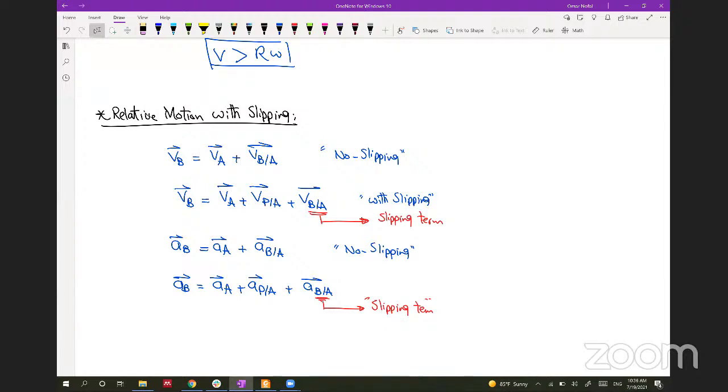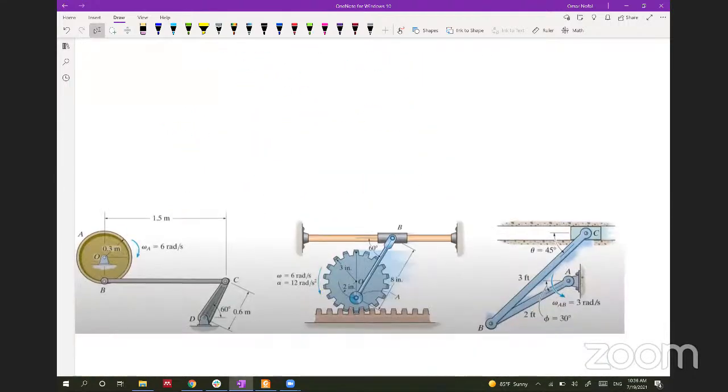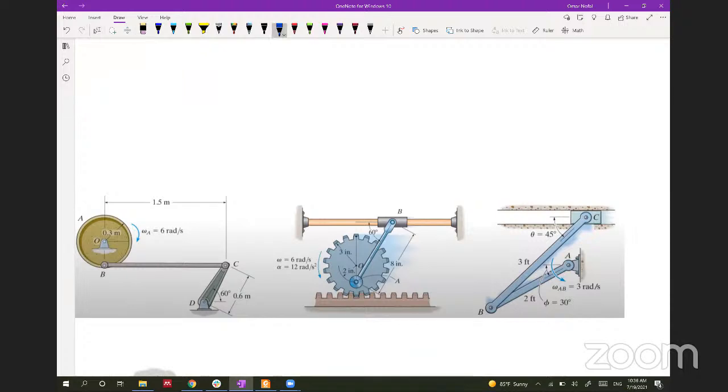Okay, let's understand this concept. I will explain it. Actually, I have some pictures here. Okay, for these problems, these three problems are considered motion without slipping. Let's see why. For this one, let's call this number one.